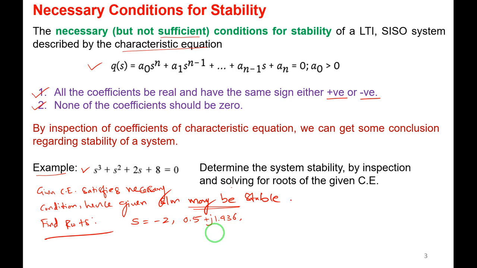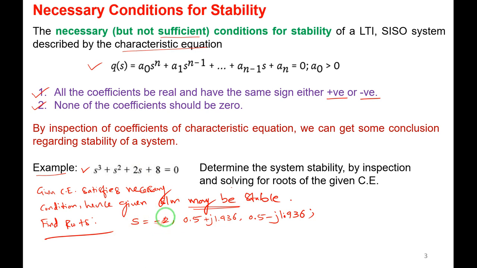The next root is once again 0.5 minus j 1.936. So these are the three roots. Observe the roots. Since the given characteristic equation satisfies the necessary conditions, the given system may be stable. So we will observe where the roots are located.